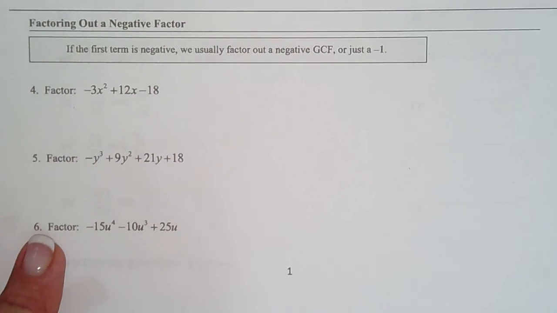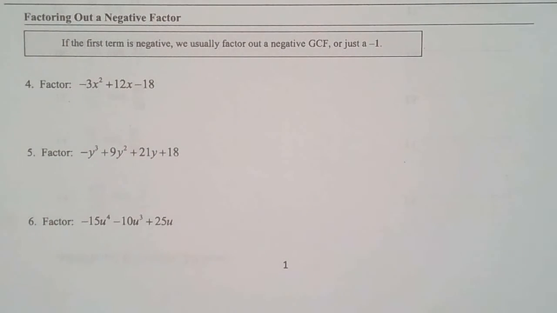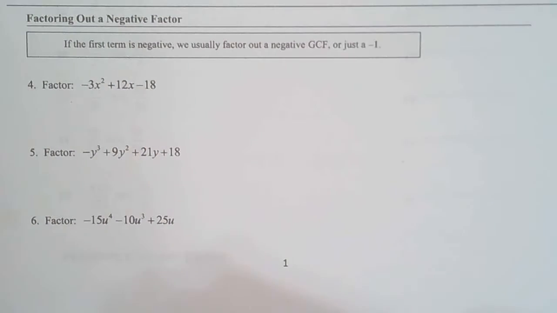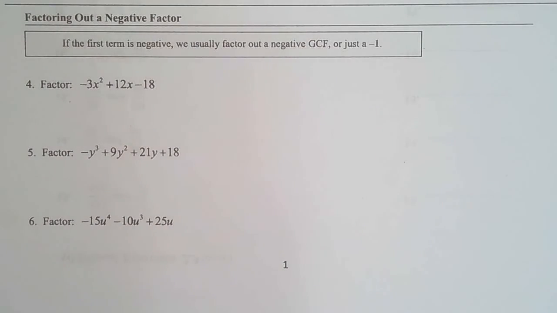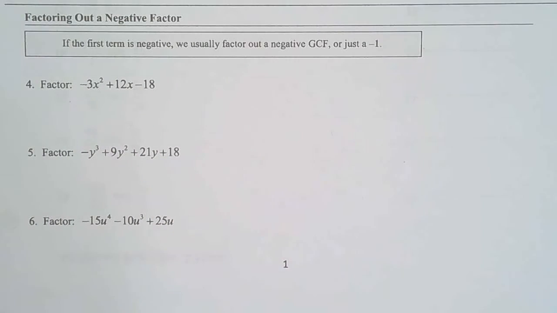So the next thing we're going to learn is our 8 factoring patterns require that we don't have a negative in front. If you're ever asked to factor something and you have a negative in front, we do what's called factoring out a -1. They call it negative factor, but I call it -1. So you want to get rid of that negative in front so that you can factor what's left after it.